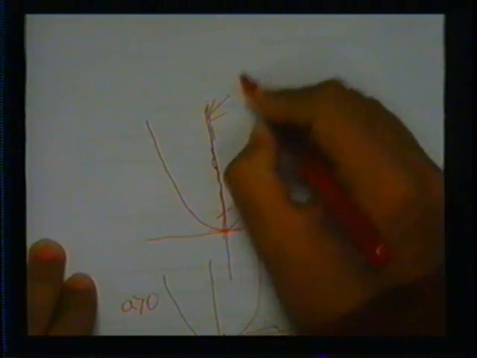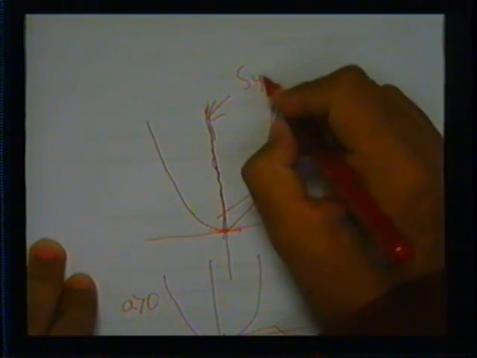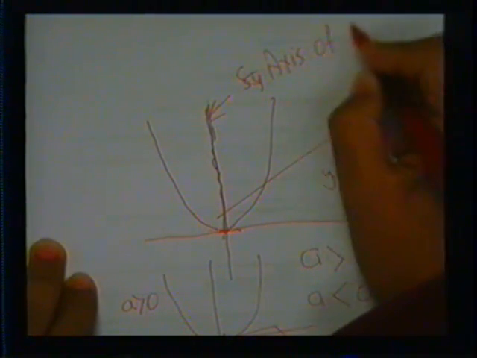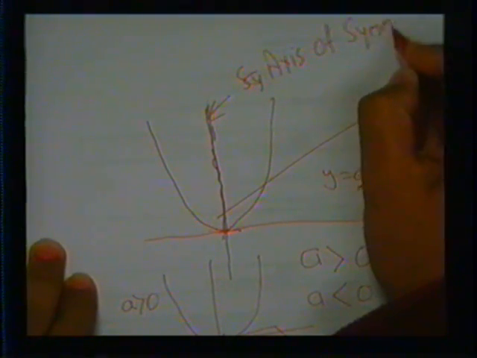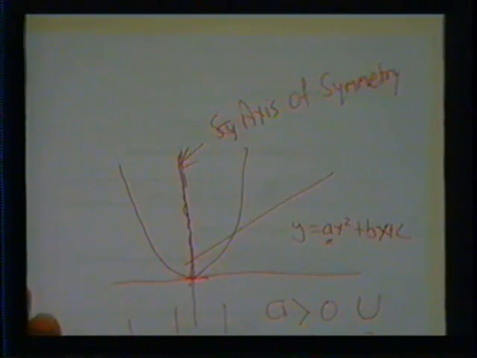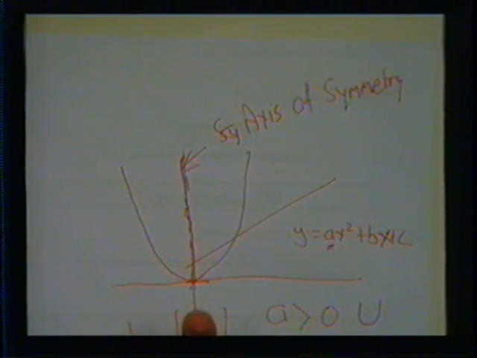This is called the symmetric axis, or axis of symmetry. So the vertical line passing through the vertex is known as the axis of symmetry or symmetric axis.